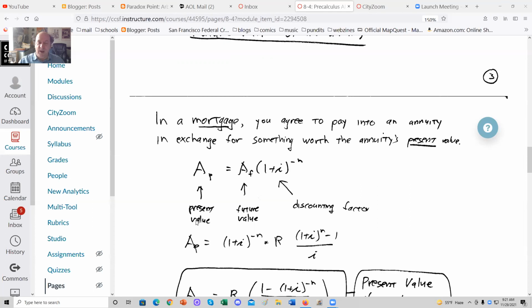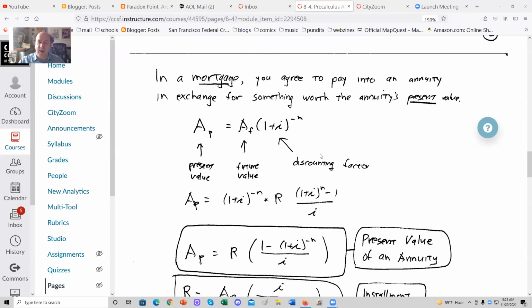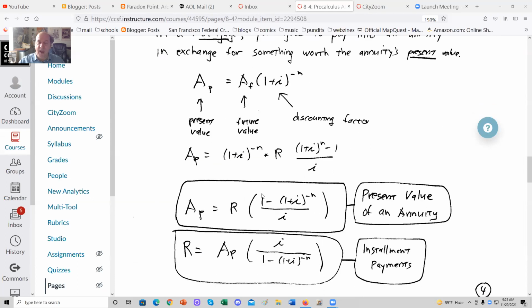So if you work it out, A_P is (1 + i)^(-n) times ((1 + i)^n - 1) over i. After a bit of algebra, you get the present value is R, the regular payments, times (1 - (1 + i)^(-n)) over i. Okay, that's the present value of an annuity.